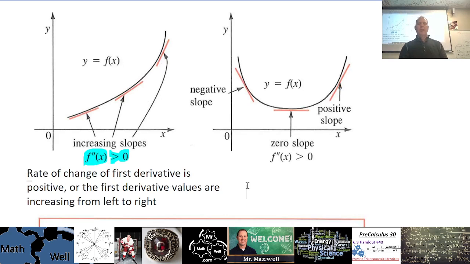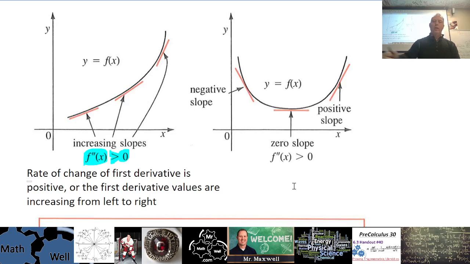Okay? So the rate of change of the first derivative is positive. That means it's increasing, or the first derivative values are increasing. So if the second derivative is positive, we know that the first derivatives are increasing on that interval, and we know that the concavity is concave up. So this is the key point right here: where the second derivative is positive, that's where we have concave up.